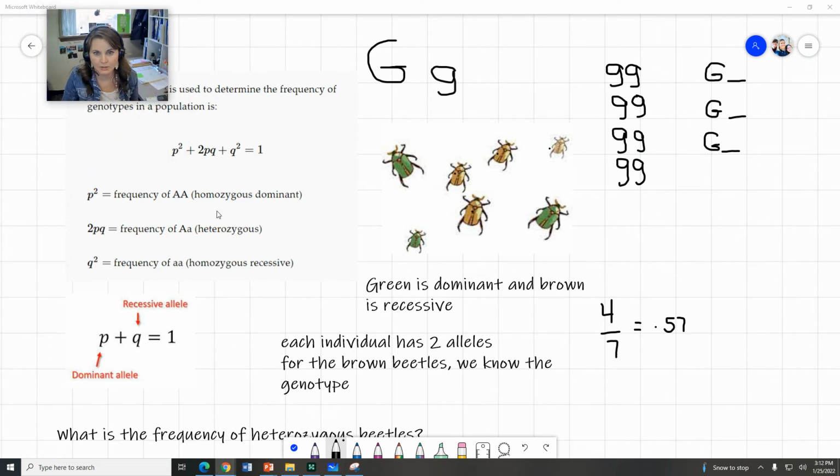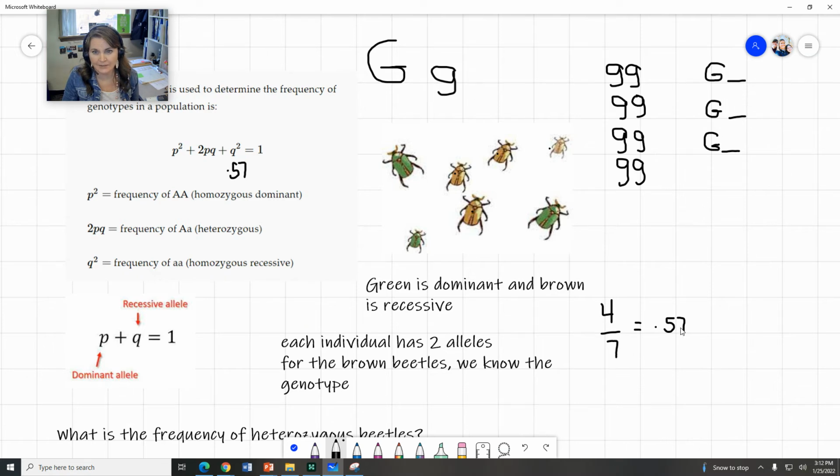I can go to this other equation. I'm going to move my picture out of the way. And I know that q squared, that's the frequency of that genotype, is actually 0.57. That's what this number is. So I can use this information to determine pretty much everything else here.